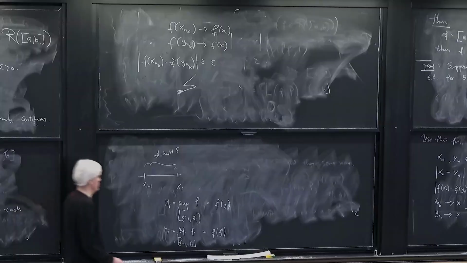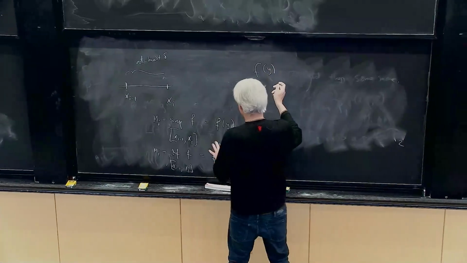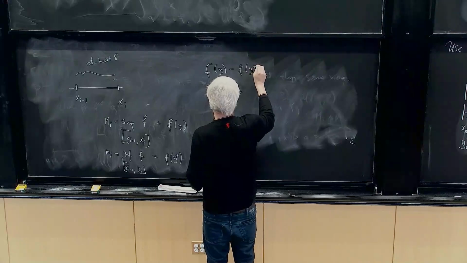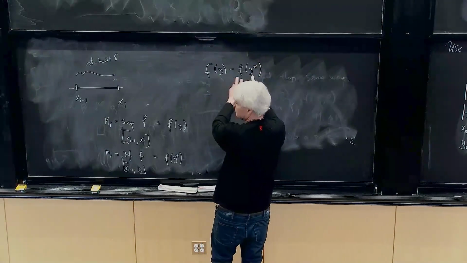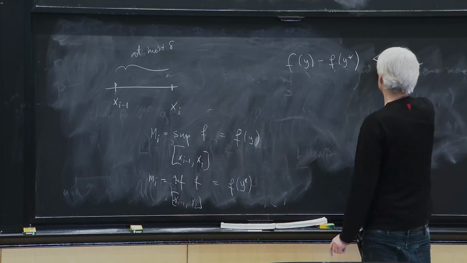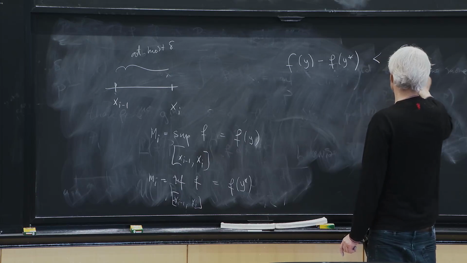So this means that f(y), which is actually the sup, is larger than f(y star), so I don't even need to take the absolute value sign on it. But it means that the difference here is now less than epsilon over b minus a.